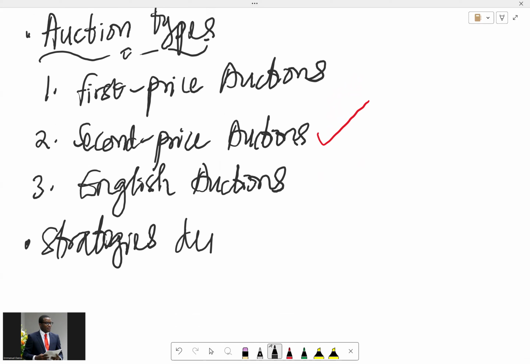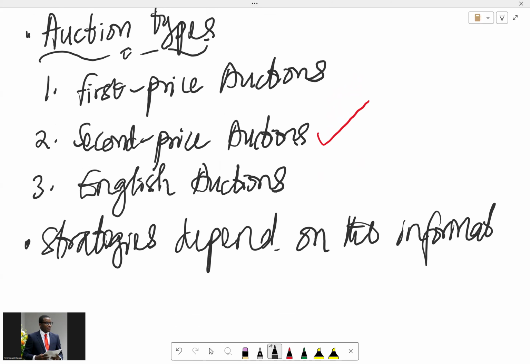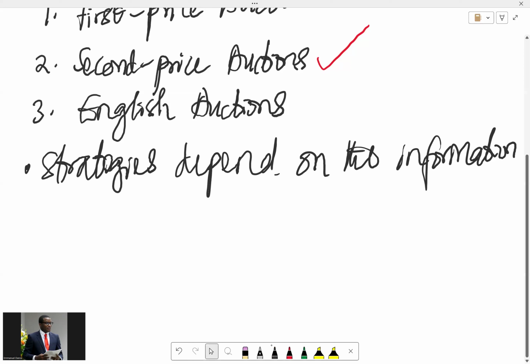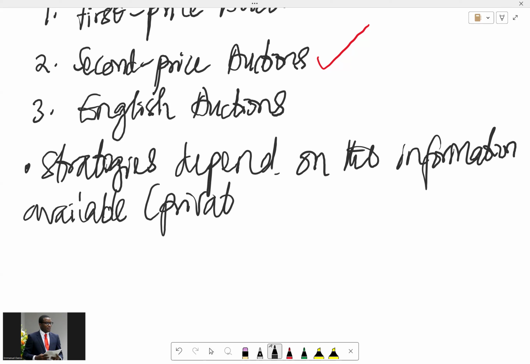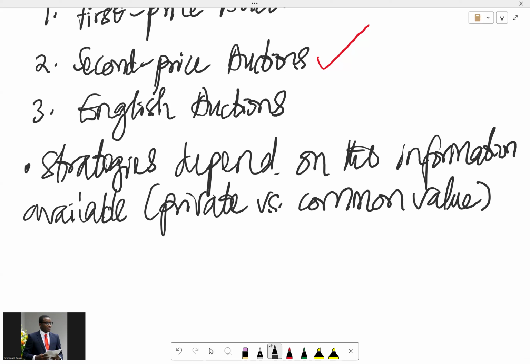So the strategies here depend on the information available. So we could have private versus common value. And of course, all of that would determine the payoff. So let's look at a practical example of second price auction.